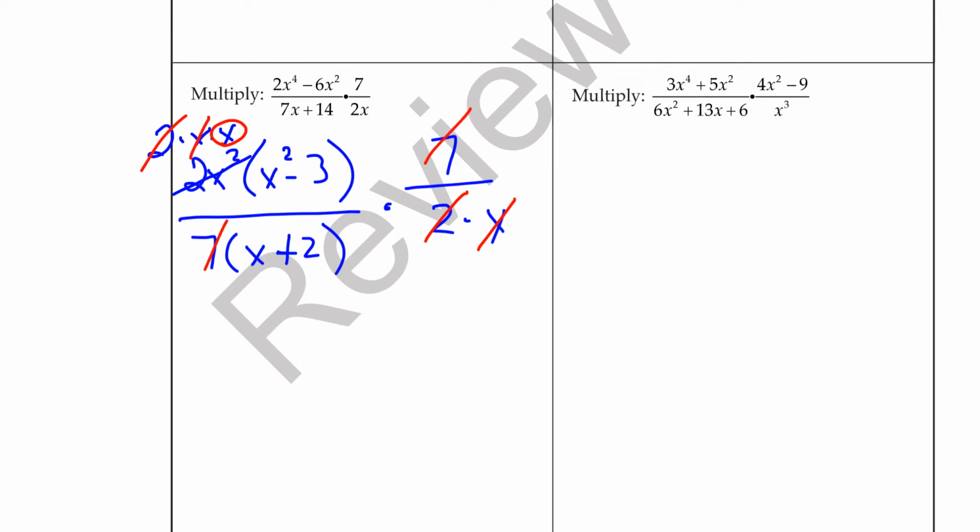The 7's also cancel. So what are we left with up here? We've got an x here and an x squared minus 3. So that would be the numerator, x times x squared minus 3. And the denominator, it looks like just this x plus 2 is left.